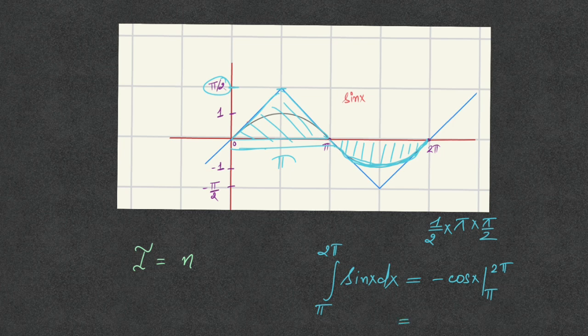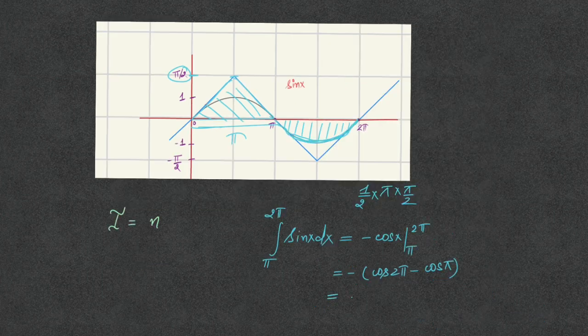Eventually this becomes minus of cos 2π minus cos π, and on solving we get minus of, cos 2π is 1, minus cos π is minus 1, and it becomes minus 2.